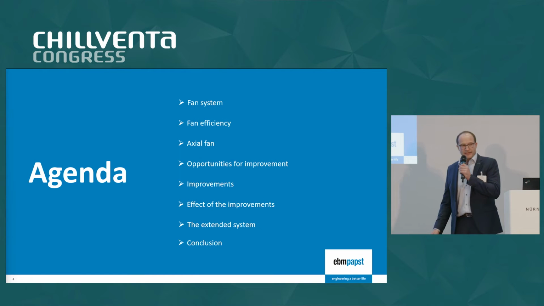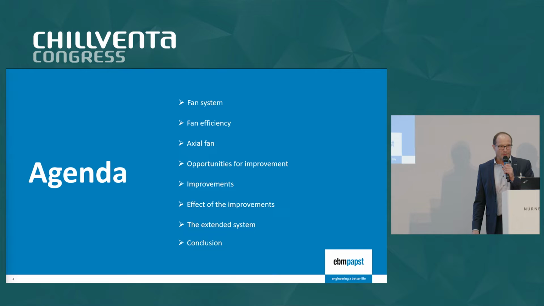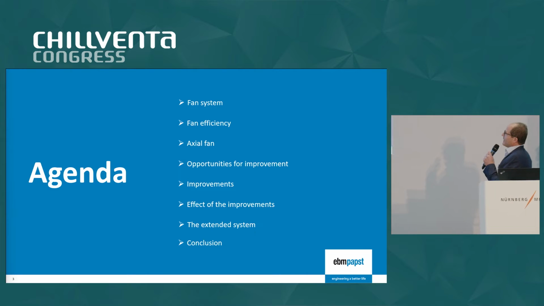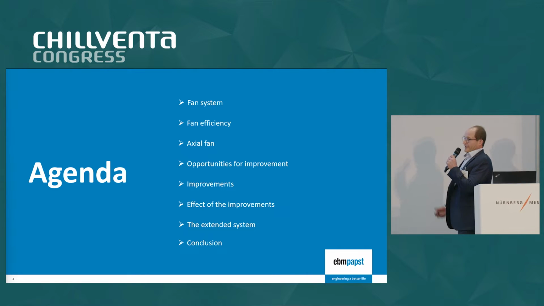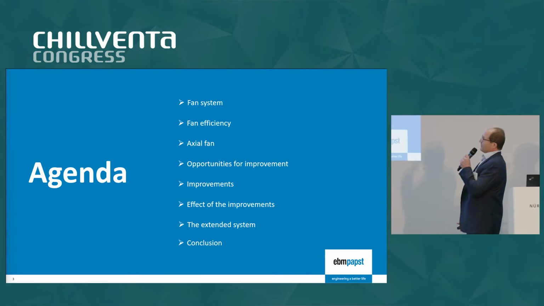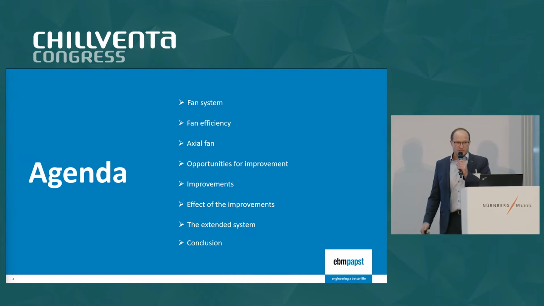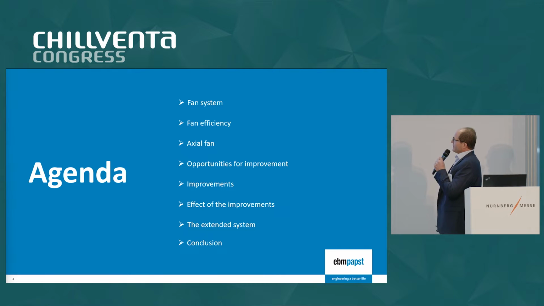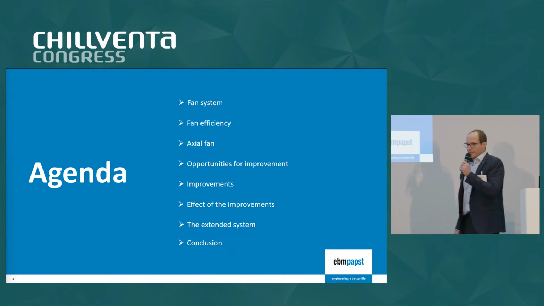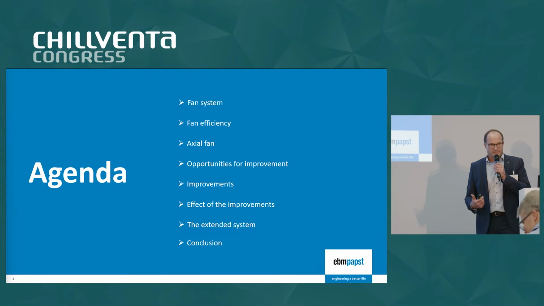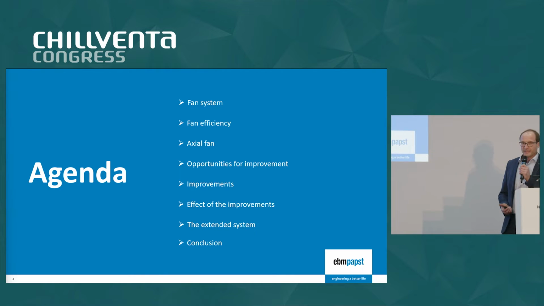So this is my agenda for today. I would like to talk to you about what is a fan system, then what fan efficiency actually means, and what is behind it. What is an axial fan, by the way, just a short explanation. Then I would like to show you the opportunities for improvement, then the improvements itself, what we have done in the past years.